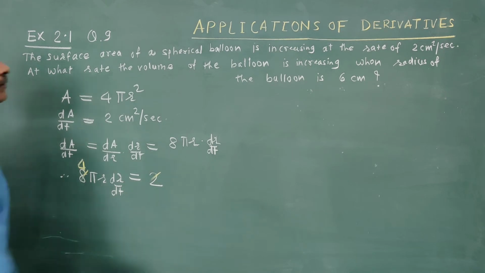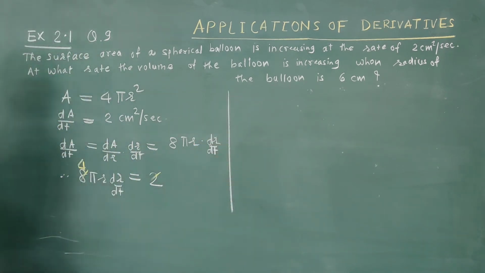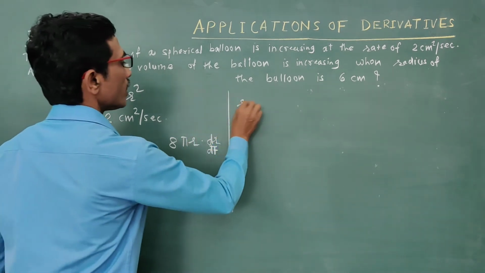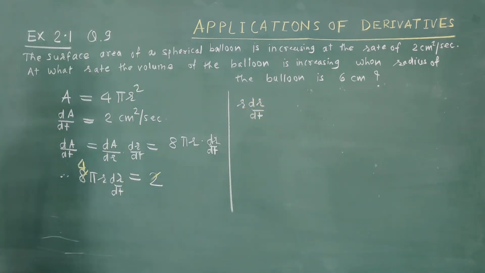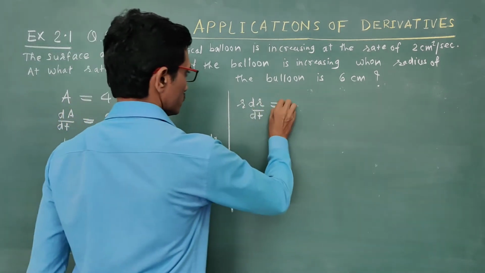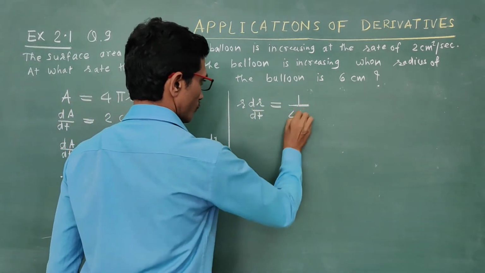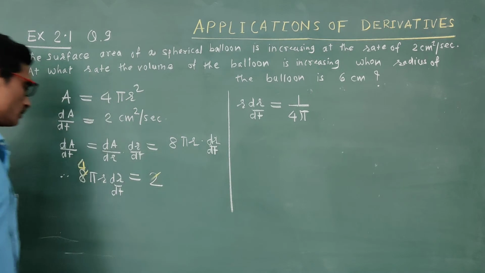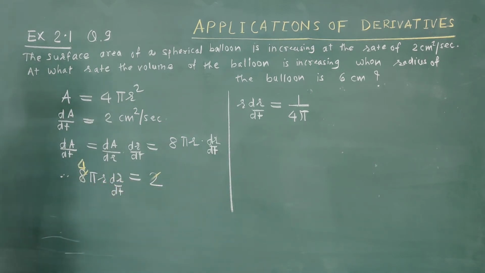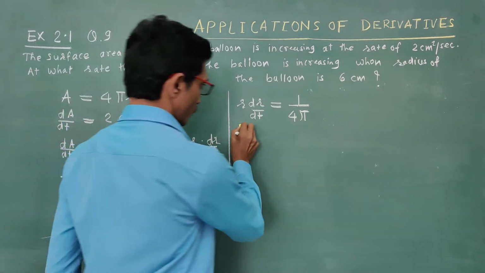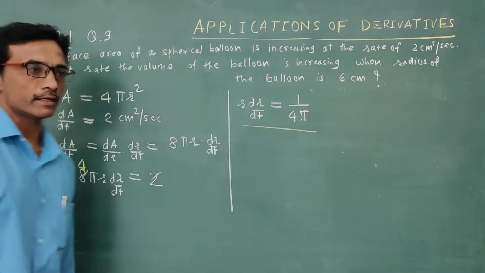So therefore we have r into dr by dt is equal to 1 upon 4 pi. We are getting this 1 upon 4 pi for r into dr by dt.